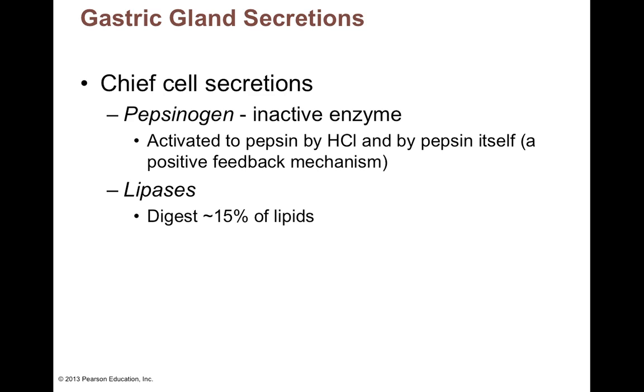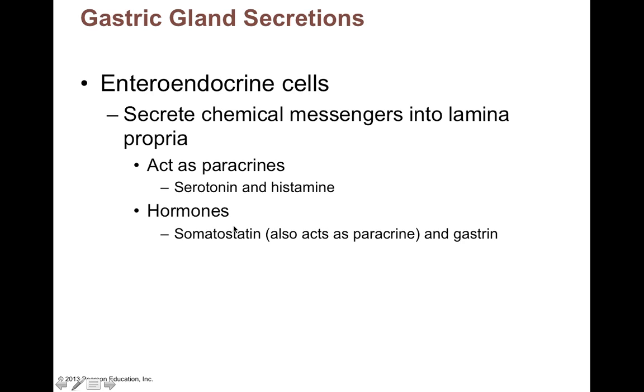The whole purpose of digestion here, you guys, is you want to break apart what you eat into smaller pieces. That way you're actually able to absorb it, right? Like you can't just absorb a hamburger bun in its whole state across your digestive wall, although that would be kind of cool. So lipases digest lipids, which makes sense, right? And what's kind of cool is in your stomach, 15% of your lipids are already digested there, okay?